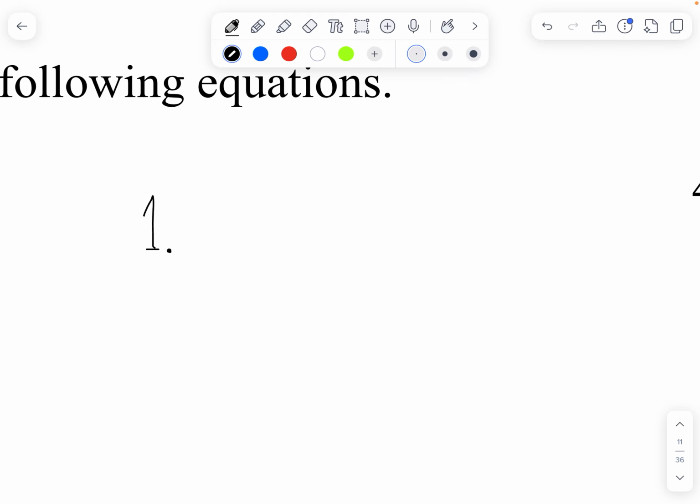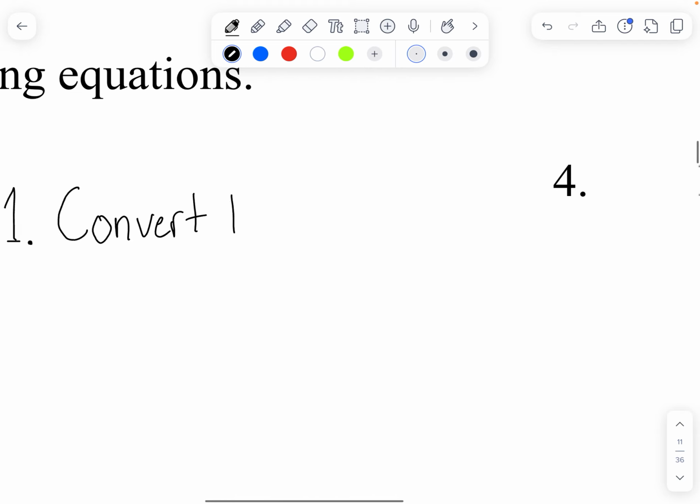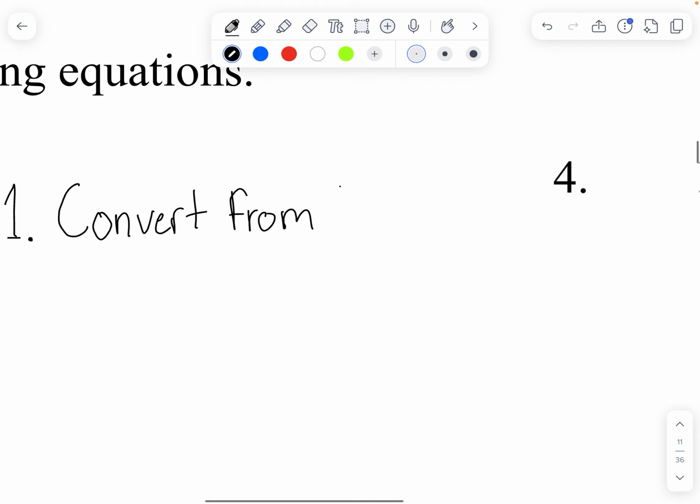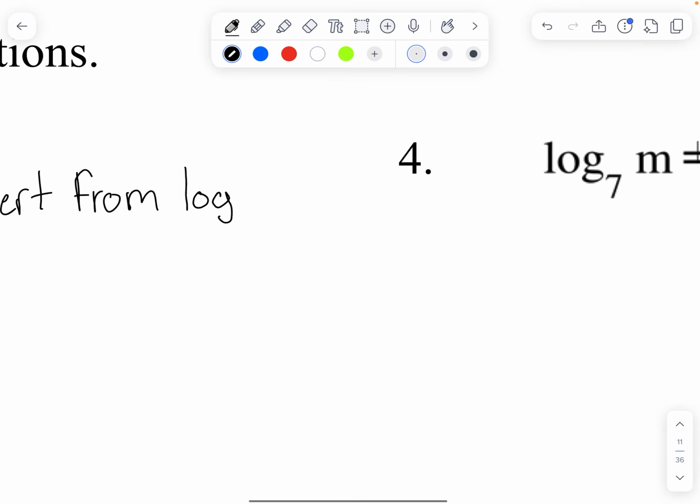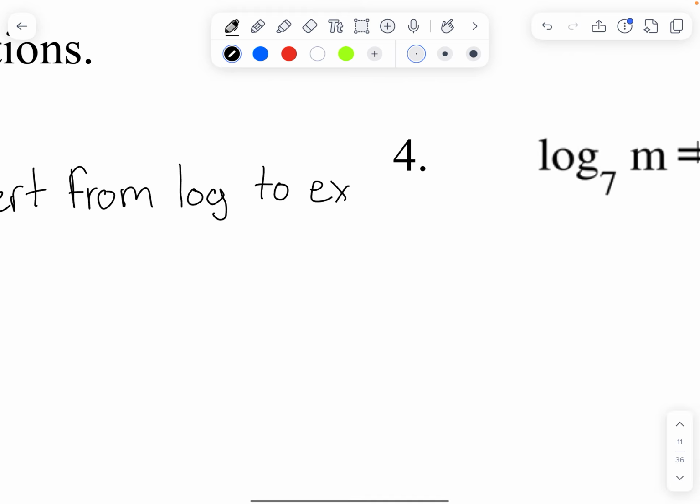So our first technique is convert from log to exponential form.